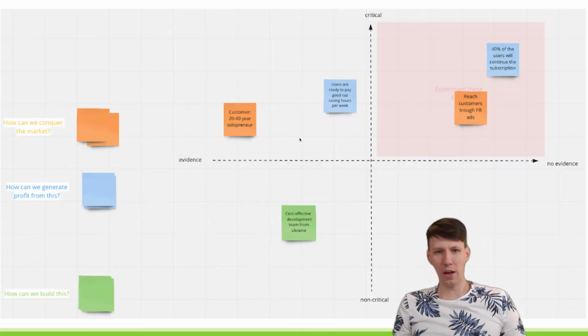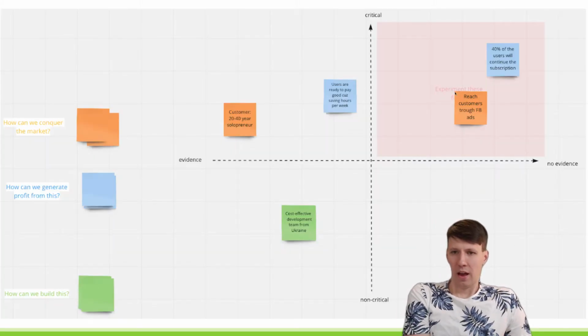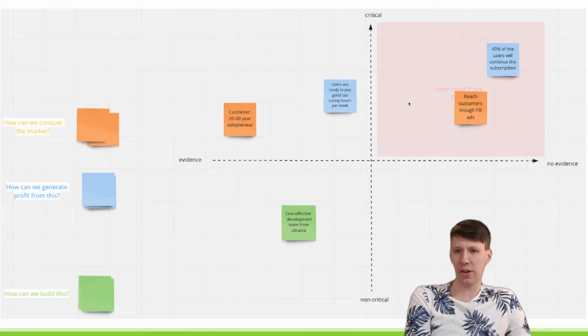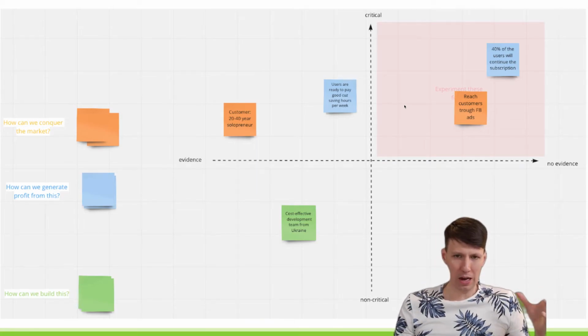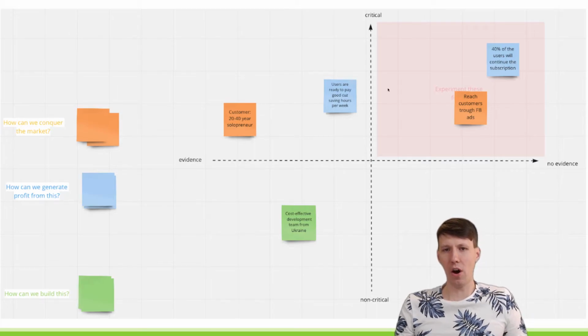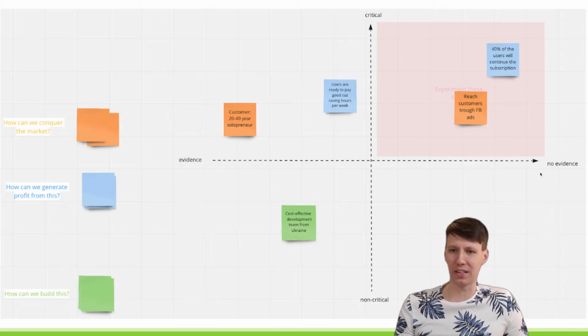Now the point is that the red square here is the area that you want to test first, because you have split down the elements and prioritized the ones that are most critical, and at the same time there's not much evidence that they will work. So these are the ones you want to start testing.